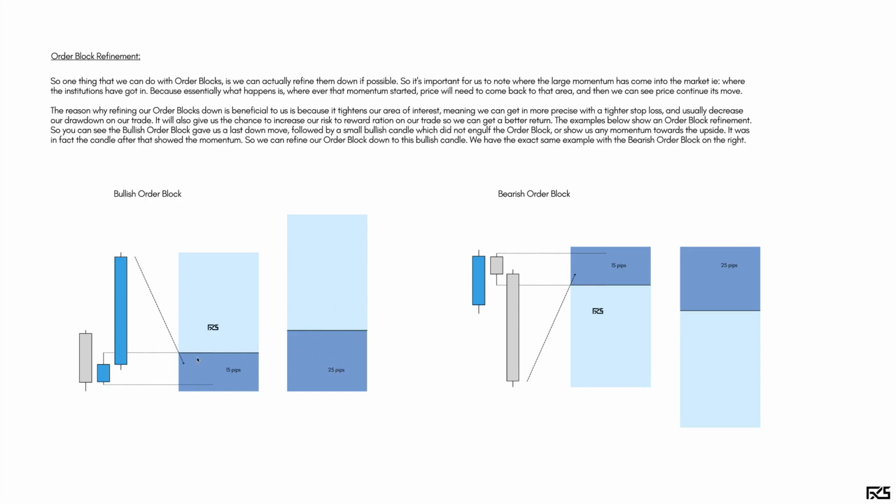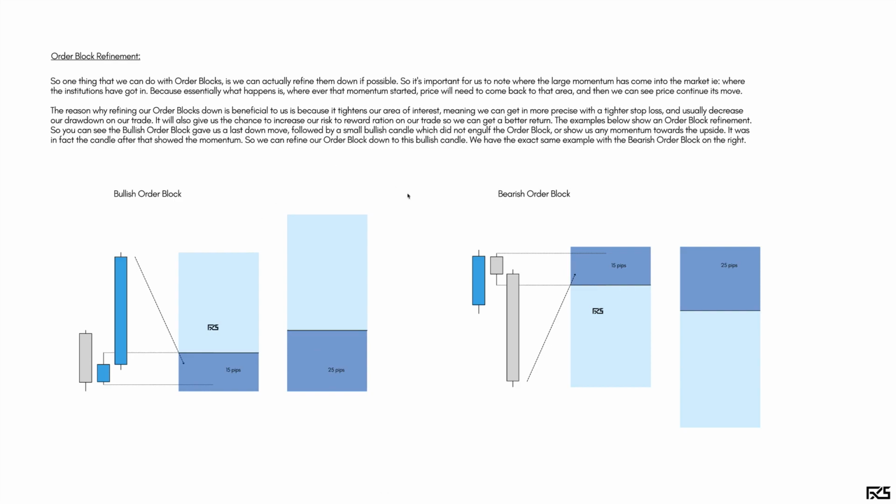So we're able to decrease our area of interest by 10 pips. That is going to get us in at a better price, with a tighter stop loss, less drawdown and more risk to reward on our trade, because we are able to decrease our stop loss size by 10 pips.